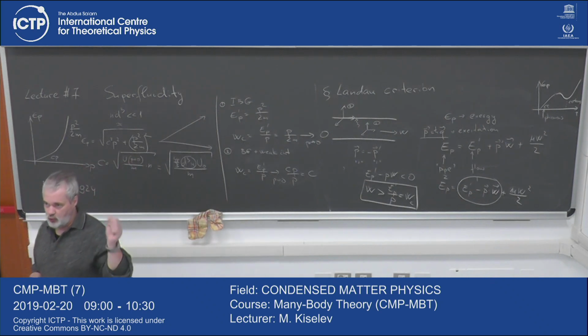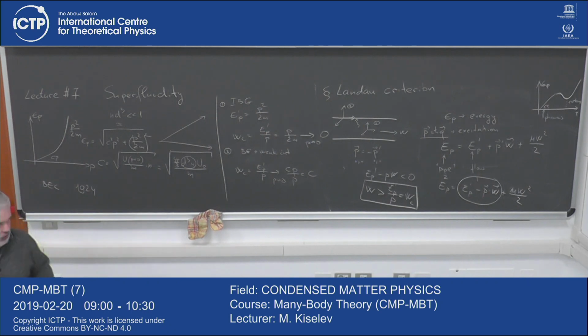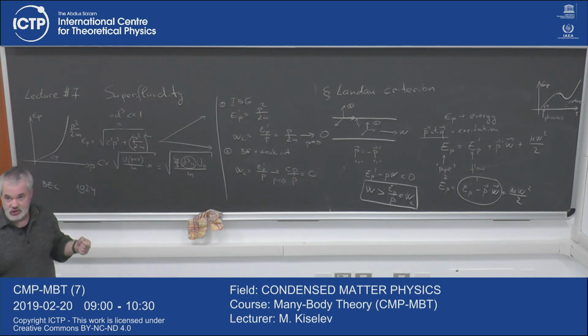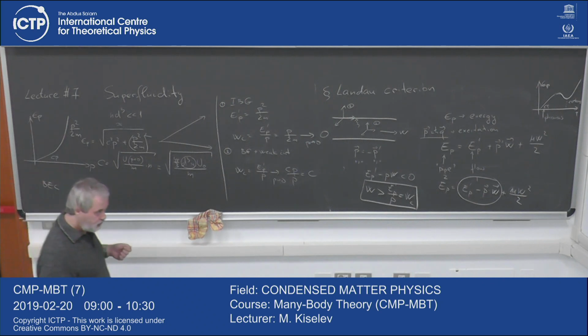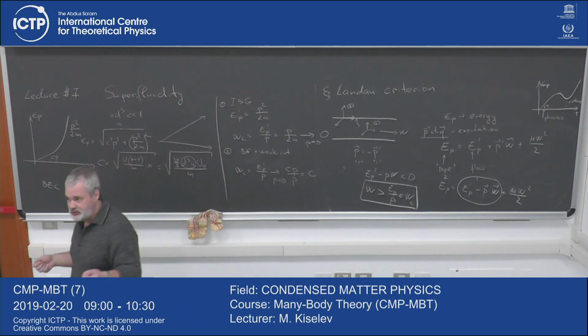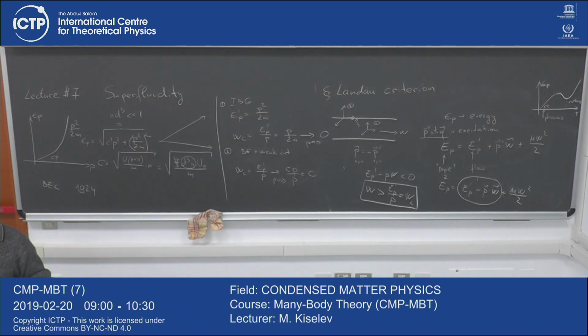If we push the flow faster than the sound velocity, and the sound velocity is determined by the density of condensate and interaction, then the superfluidity is destroyed, and you start to probe the normal component. Well, you destroy the superfluidity.